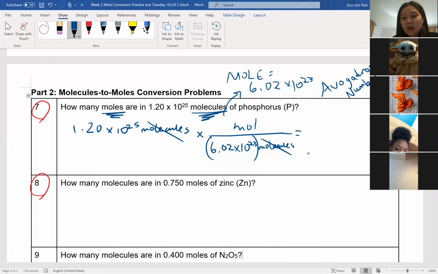Has anyone made that mistake before? So I'm plugging it in right now. 23, and I get 19.9 moles. Did anyone else get that? Amber, are you doing this with us?